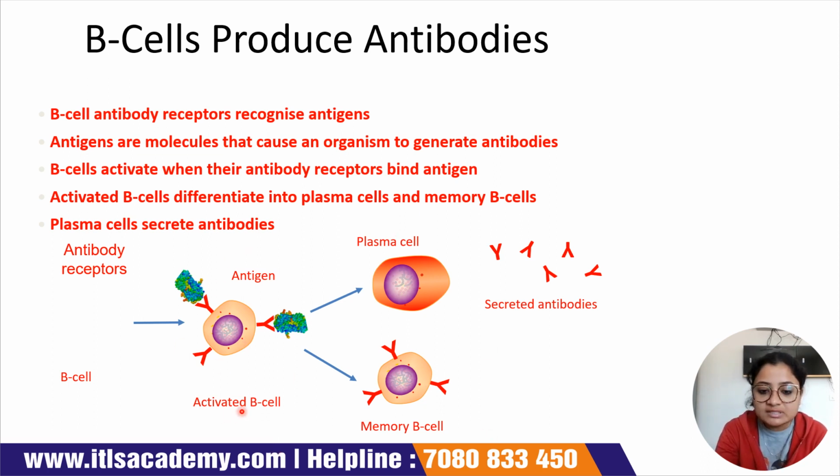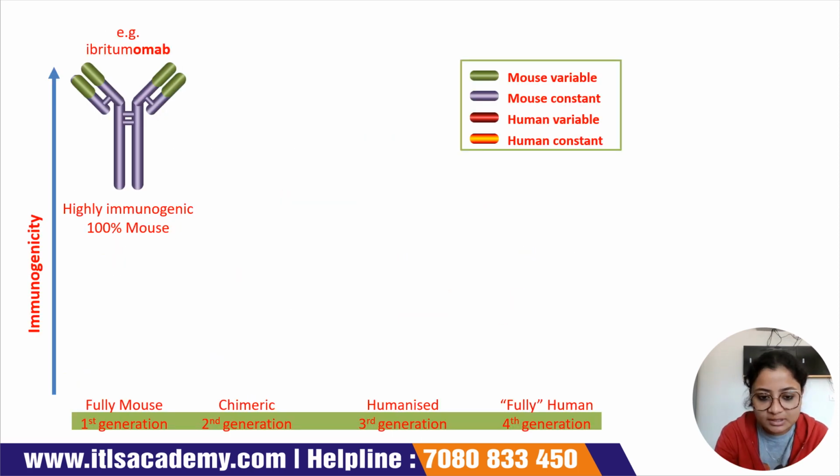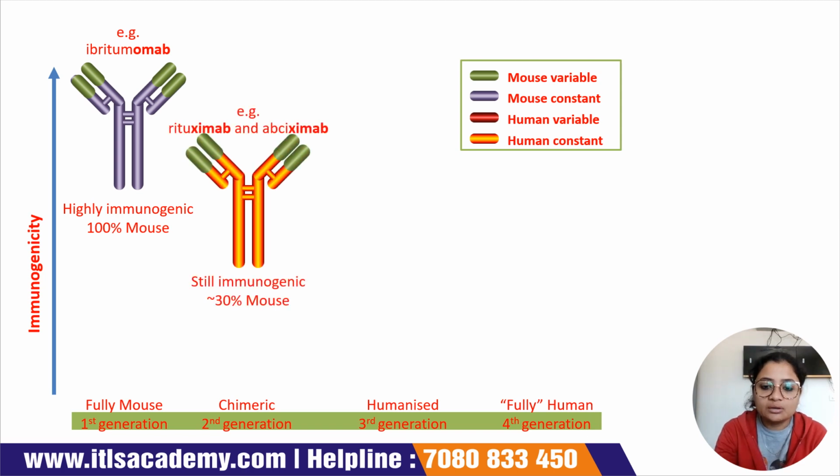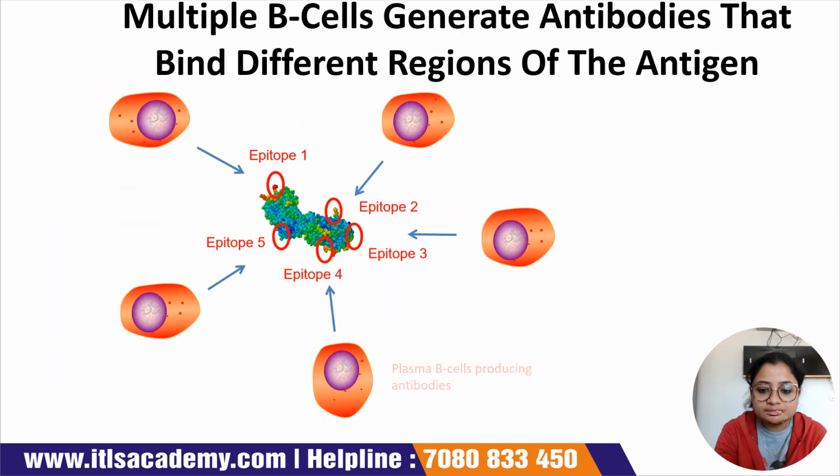The activated B cell will go on and start producing the plasma cells and the memory B cells, which will contain the receptors, and as a result the plasma cells will produce the secreted antibodies. Okay, now these are just different examples of monoclonal antibodies, which I will talk about in more detail in the upcoming slides.